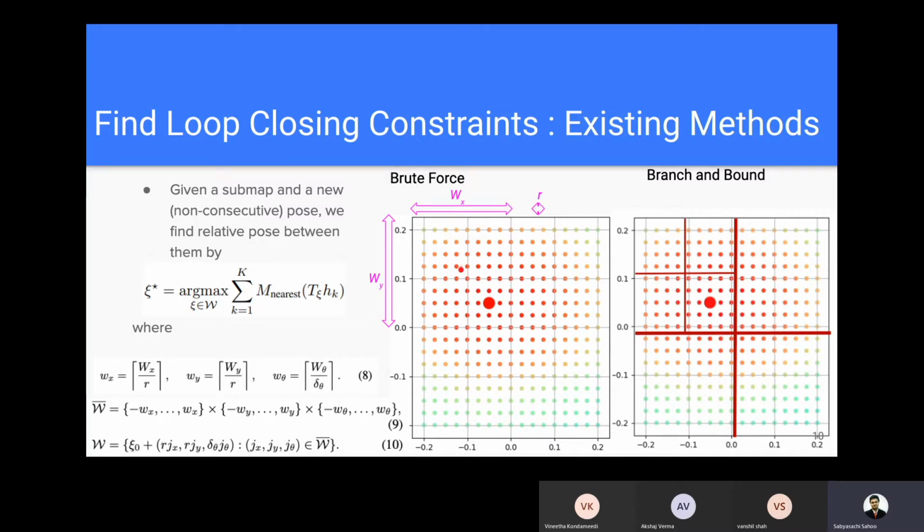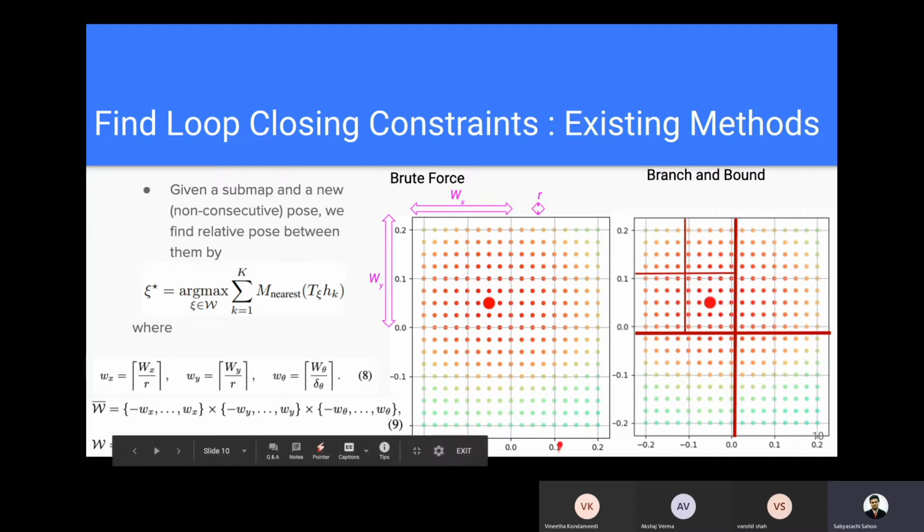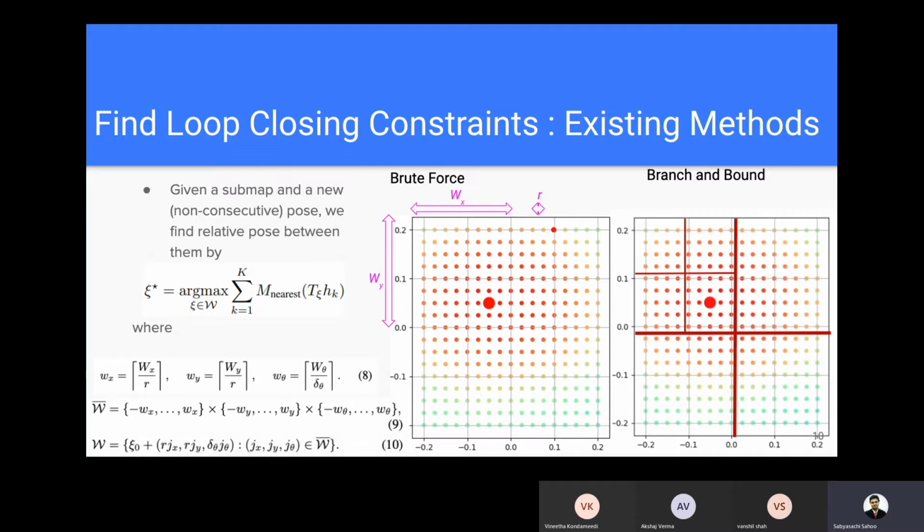For every point, we find the score for this equation. At whichever point we get the maximum score, we say that epsilon is the point. So in essence, the 0.1, 0.2 pose estimate gives us the maxima.